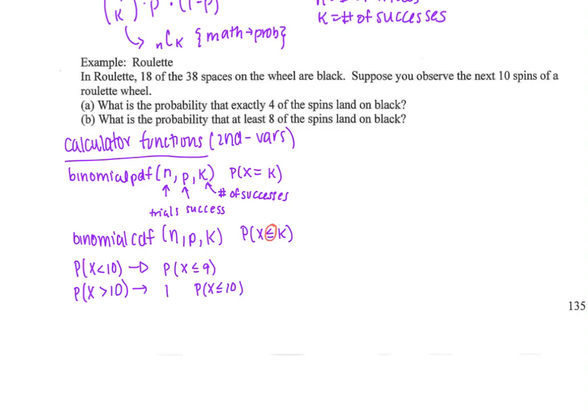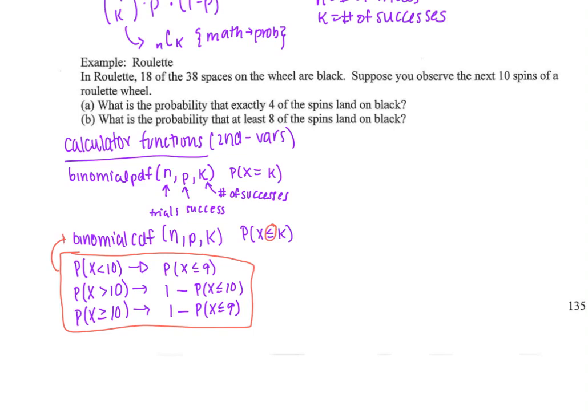And if you're finding the opposite probability, then you do 1 minus. And if you're trying to figure out x greater than or equal to 10, the opposite of greater than or equal to 10 is less than or equal to 9. So you've got to rewrite all of your probabilities so that you can use this binomial CDF function. Because the binomial CDF function can only be used when it is a less than or equal to.